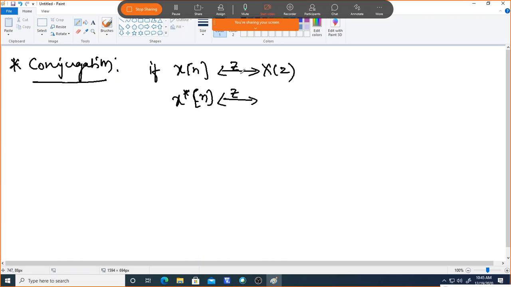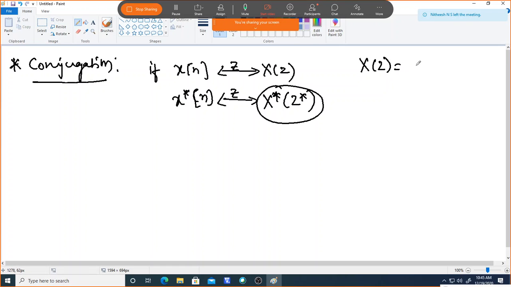You will get X star of z star, because X of z is the sum over n equal to minus infinity to plus infinity of x of n into z power minus n. Since we are taking the complex conjugate of x of n, and z also has a complex value, we take its complex conjugate as well.